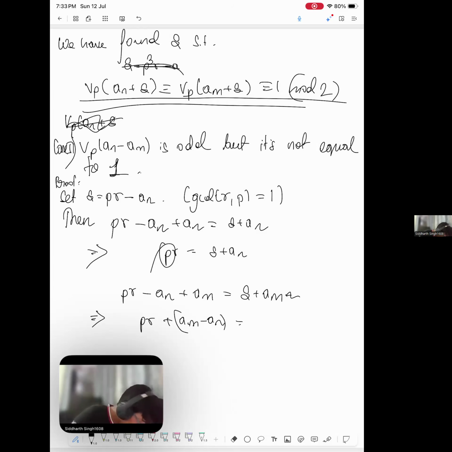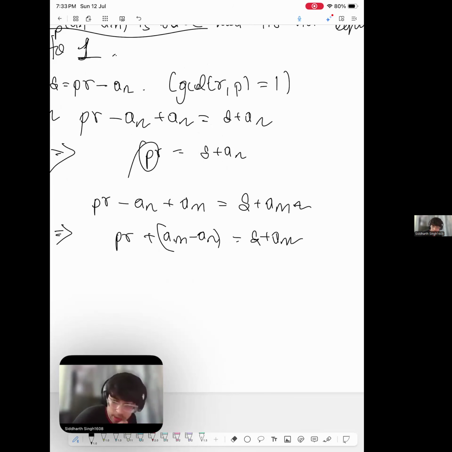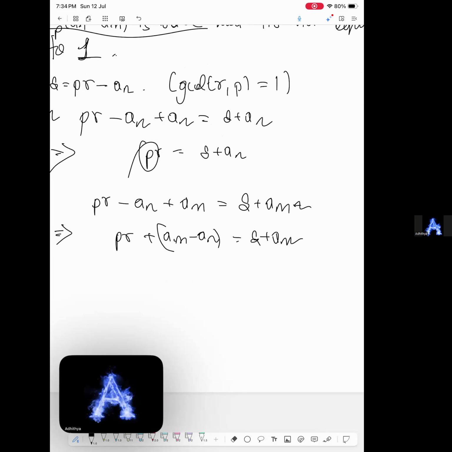Now, what did our assumption say? VP of AN minus AM is odd, but it's not equal to 1. What would that mean? What's the smallest odd number after 1, a natural number, obviously? So yeah, it's 3.